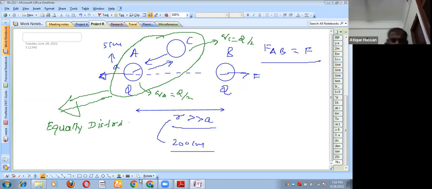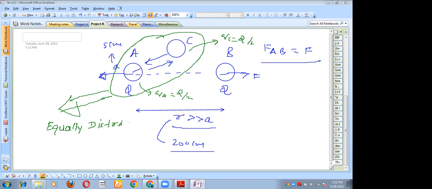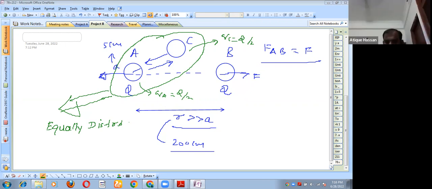How does the charge become Q by 2? Yes, sir. When A and C are put in contact and they are identical, charges will be equally distributed. Charge on A will become Q by 2 and charge on C will also become Q by 2.